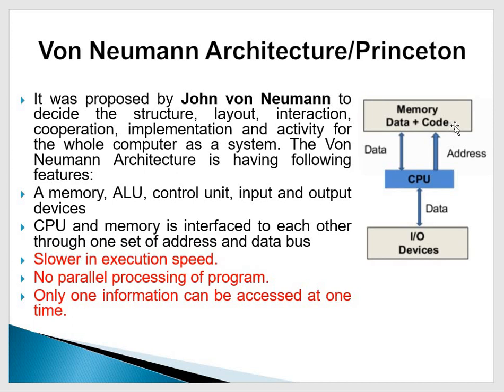Whatever task we want to perform, we have to write a program, and that program will be stored in the memory. The CPU or processor will read the instructions one by one from the memory and execute them.